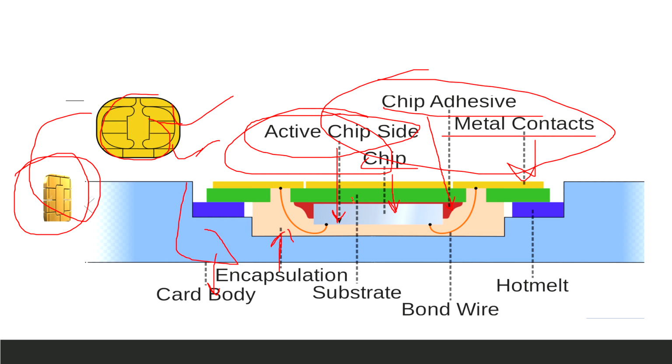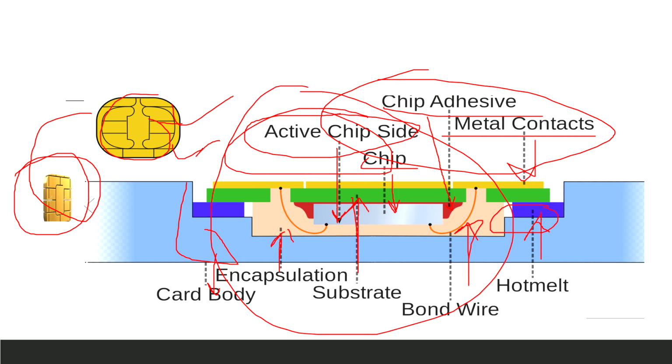Then substrate, and then the wire bond, or bond wire. And finally a blue color strip, which is known as hot melt. So these are the different elements which you usually observe in the description window. Okay, so you can see this in the chip which is being installed here, pre-built here.